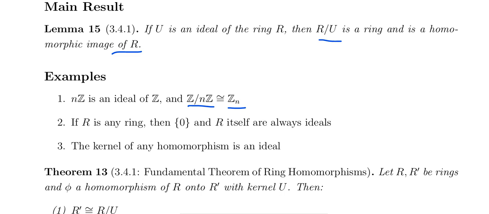And R is any ring, and 0 and R itself are always ideals. The kernel of any homomorphism is an ideal.